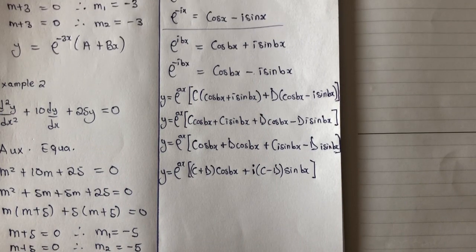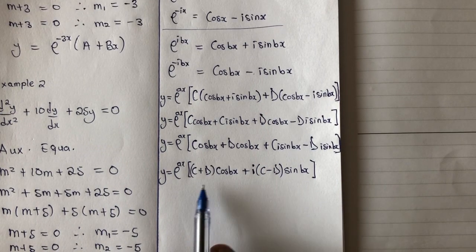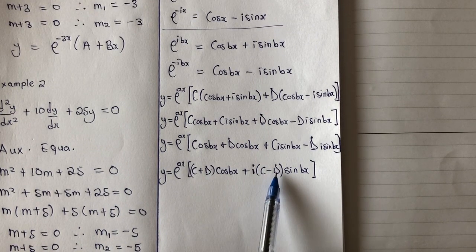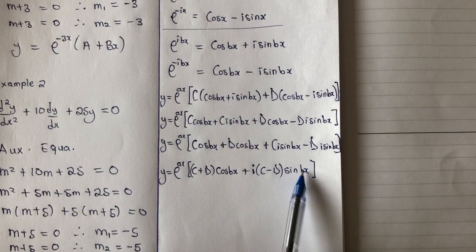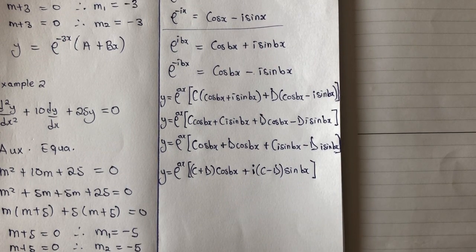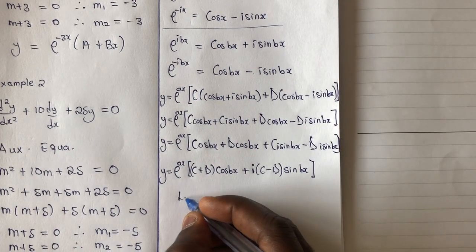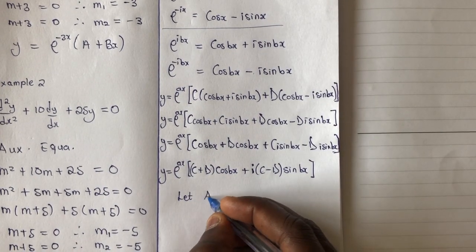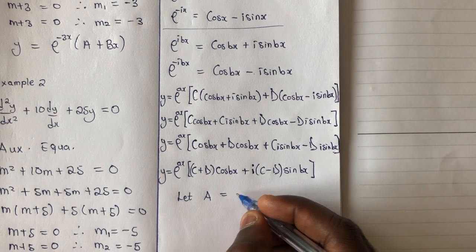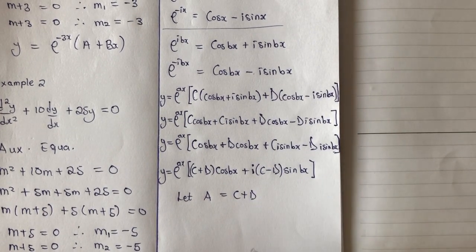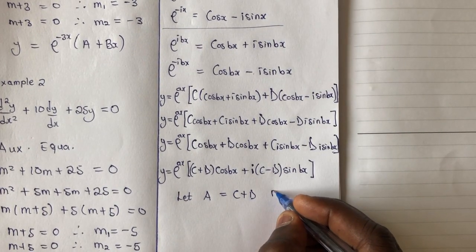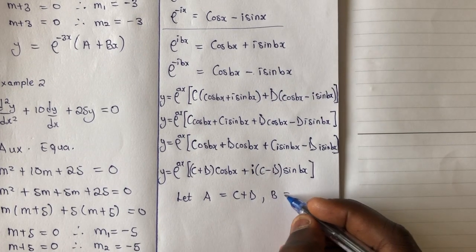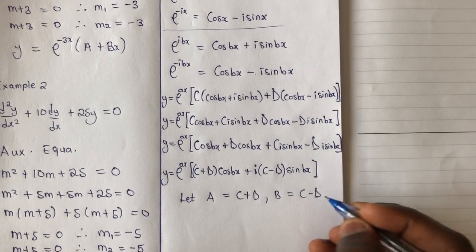Now, look at this very carefully. I'll factorize c and d, and then c and d here, sin bx, i is here. Now, let's say that the arbitrary constant A is equal to c plus d, and let B be equal to c minus d.